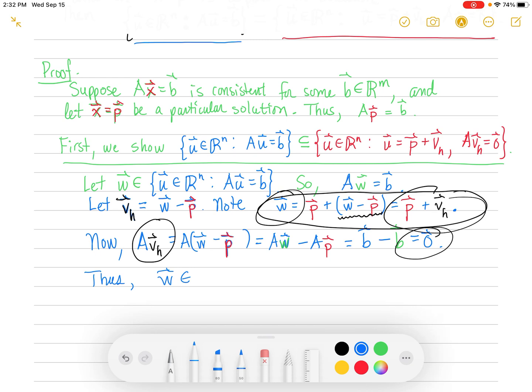It's the set of all vectors in Rn such that the vector is a P plus a VH where A times VH equals 0. So W is an element of this red set: all those vectors in Rn such that U equals P plus VH and also AVH equals a 0 vector.